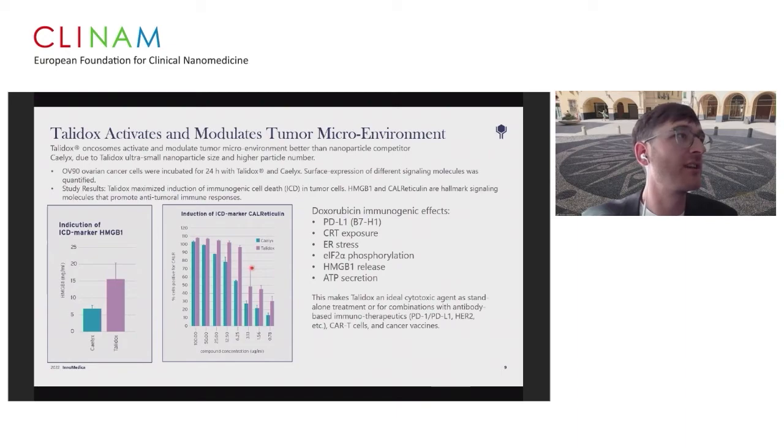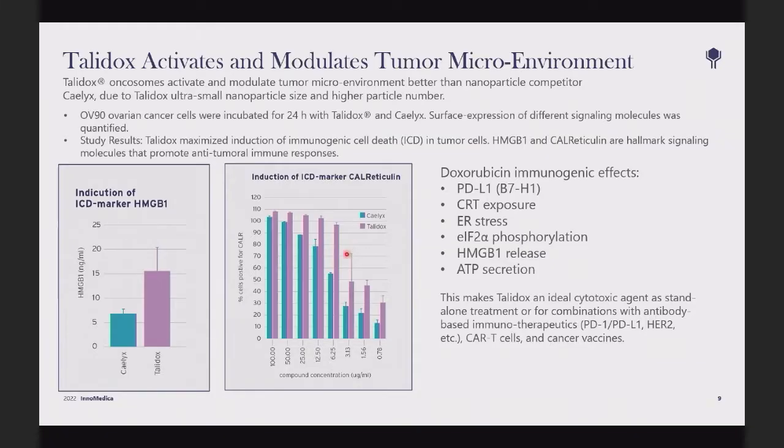Regarding immunogenic induction of markers, I think it's quite interesting that Caelyx, probably because of the pegylation and the size, has issues with actually being taken up by cells, and therefore induces less of these effects that doxorubicin is actually capable of inducing. So I think we ameliorated that significantly with Talidox. It has a greater induction of markers of immunogenic cell death, HMGB1, for example, or also calreticulin.